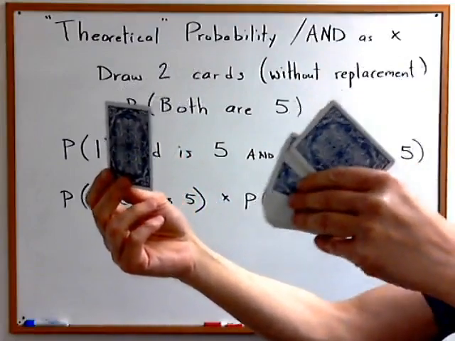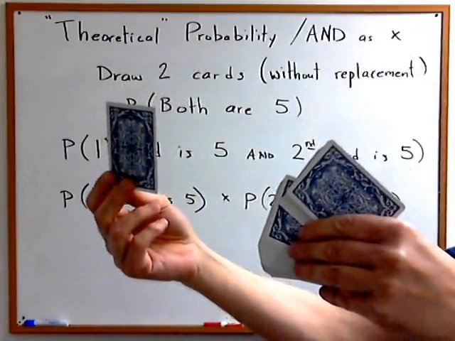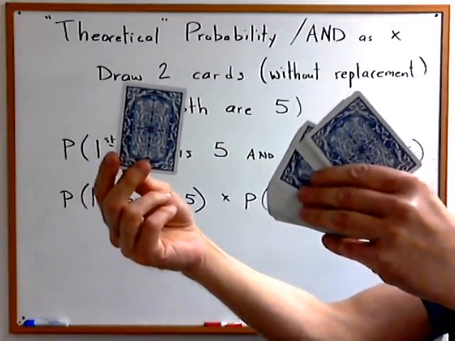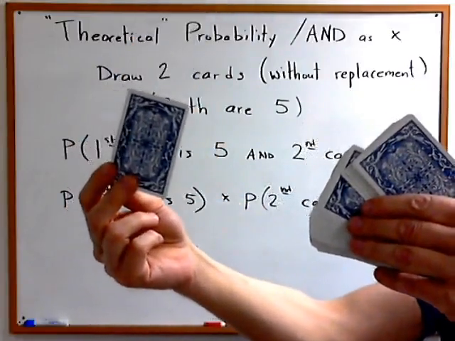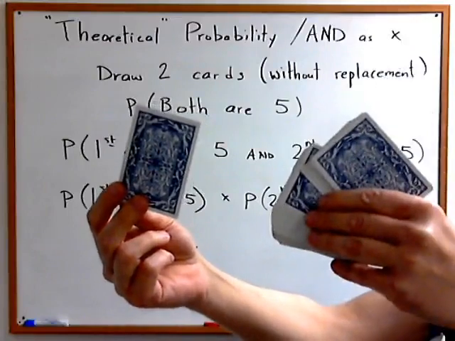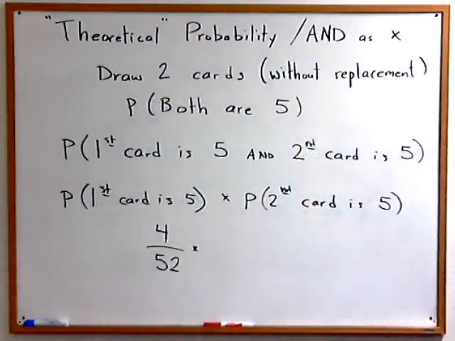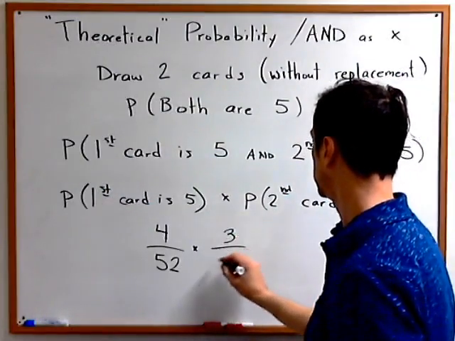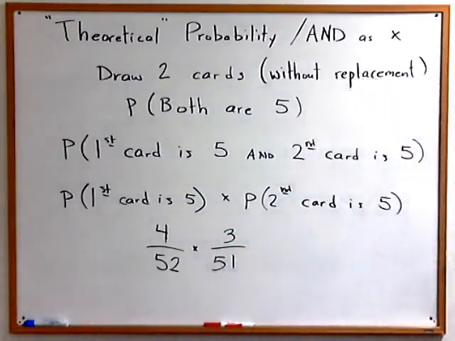There are no longer 52, but there are now only 51. Furthermore, how many 5s are still in the deck? There used to be 4, but now one of them is out here. I just picked one. So how many are left in here? There are 3 left. Therefore, the probability that the next card would be a 5 would be 3 out of 51. The deck has changed because that first 5 was already chosen.